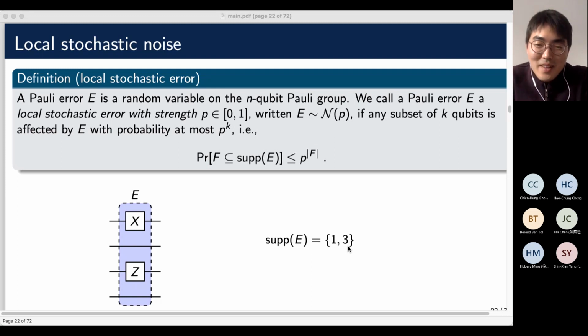And we want the property that a subset F of {1, 2, ..., N} is contained in this support. The probability of that event is less than or equal to P to the cardinality of F.